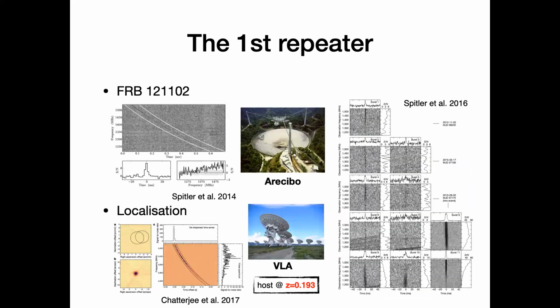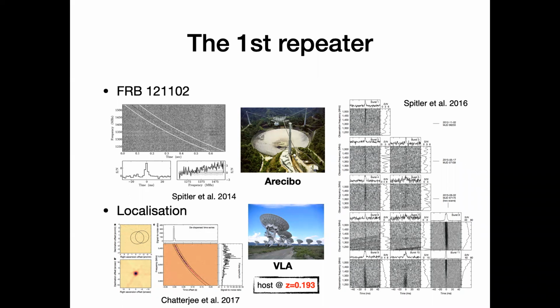Let me review the history of repeating FRB findings. First, the repeater was found in a PALFA survey of the Arecibo telescope. Even though Arecibo is retired now, its achievement on repeating bursts is non-negligible. After they detected FRB 121102, they followed up that target and found 11 additional bursts in 2016.